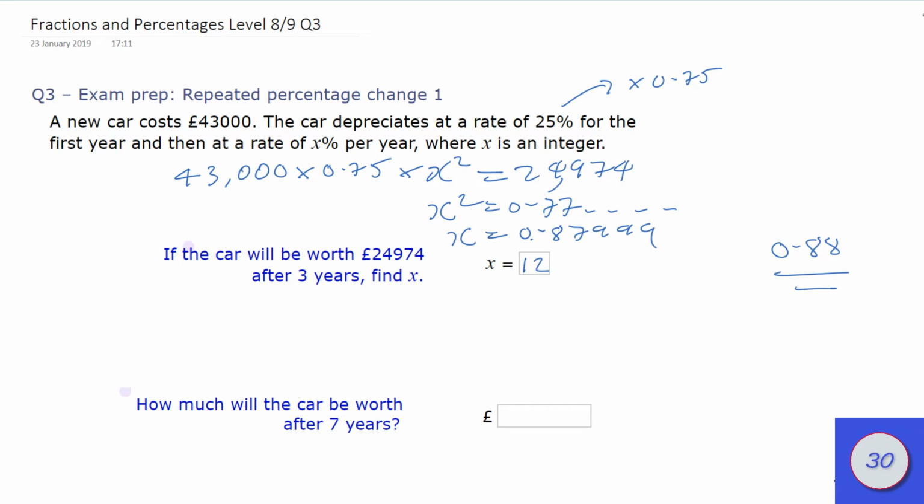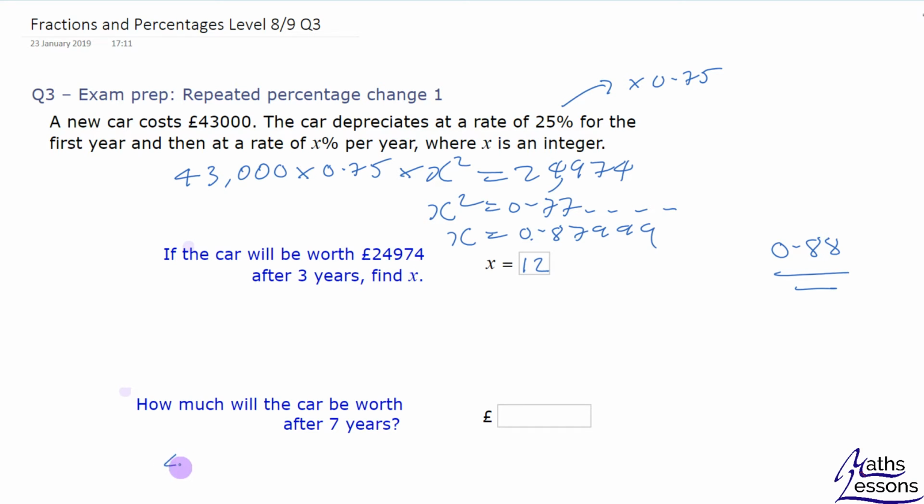See if you can do that. Okay, so there's 30 seconds. Did you manage to do your calculator quick enough?